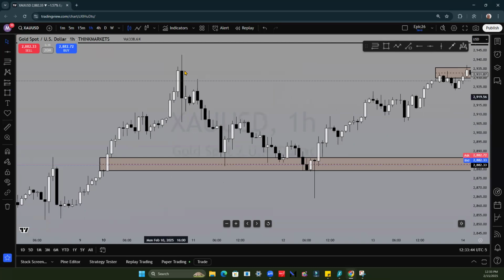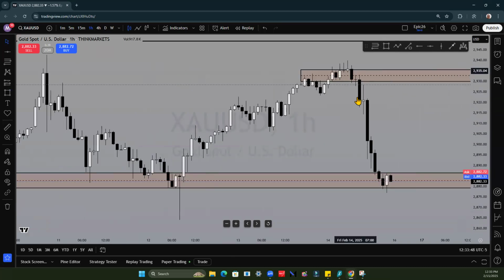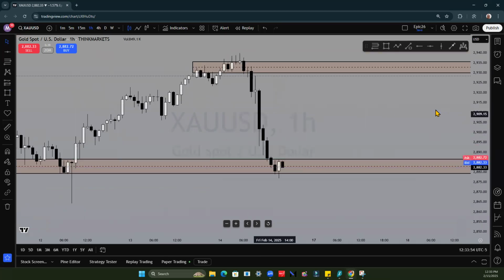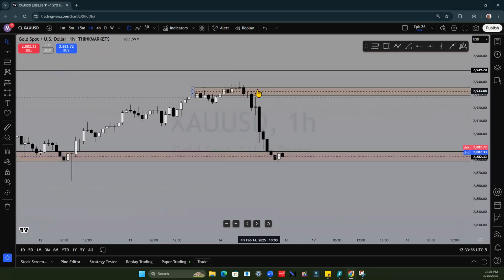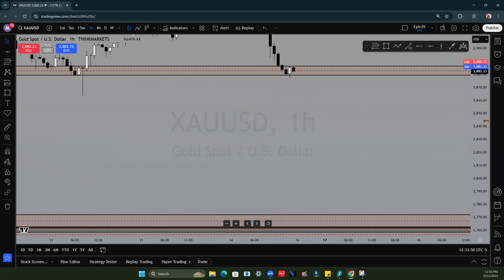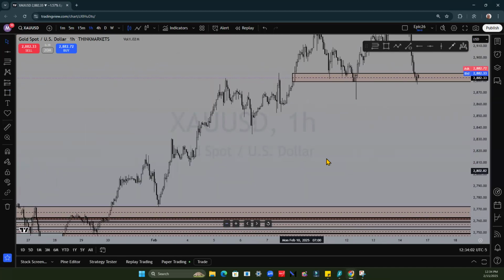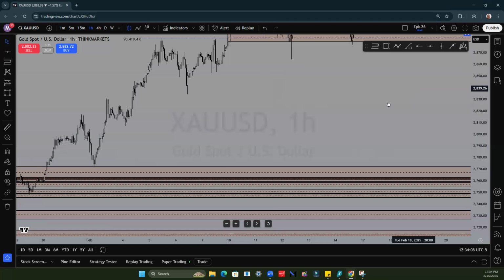What happens? The market went up, came in, filled the gap, went back up, and came in, touched the gap again. Okay, now what the market is doing, since you already know that this is actually the supply zone, and this down here is our demand zone, and it's got to fill in all these gaps. You see all these gaps that are left behind, it's coming back down to fill all these gaps.